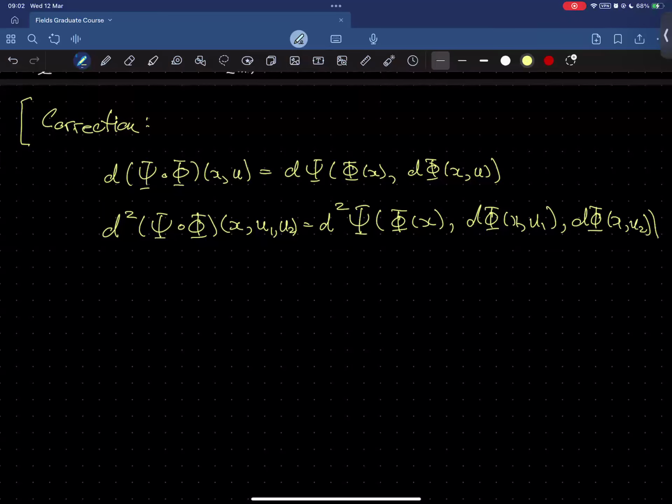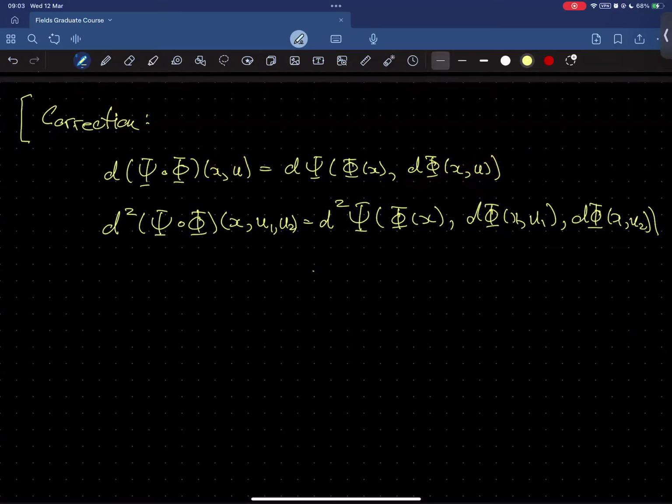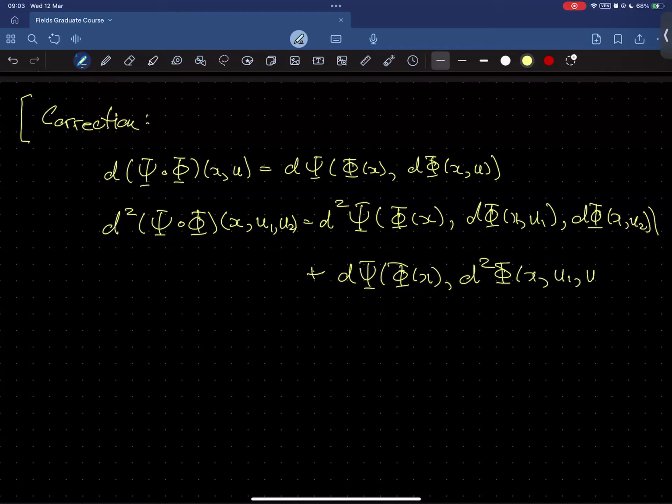So that's differentiating with respect to this component, and then you differentiate with respect to this component. Okay, leaving x fixed, so that means we're differentiating in this slot. But the derivative as a function of u here depends on x, so you have to also use the chain rule here. And so you get d psi at phi of x, d2 phi of x, u1, u2. Like that.